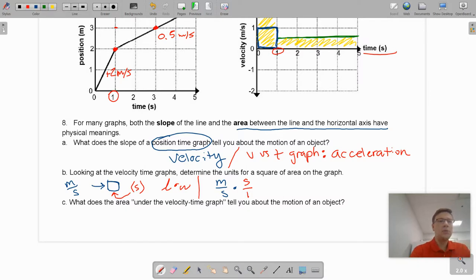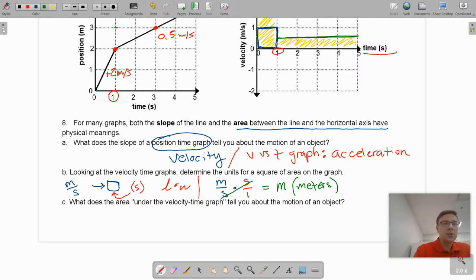Then you can see that the seconds cancel, and the only thing we're left with is m, which is meters.